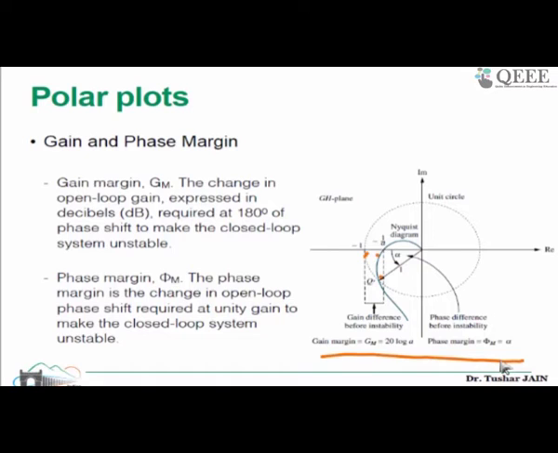Basically these gain margins, or what we call the stability margins, help in analyzing the robust stability of the system. We'll see this robustness possibly in the next couple of slides. So this is how we compute the gain margin and the phase margin using the Nyquist criteria.